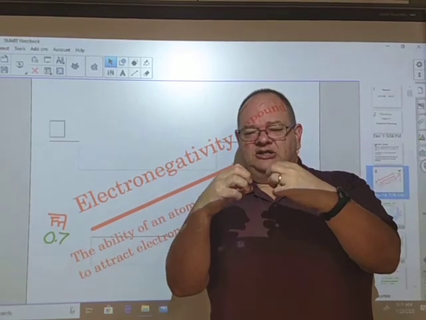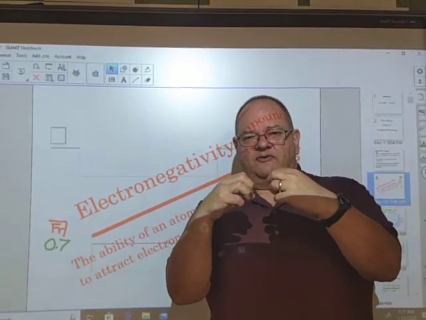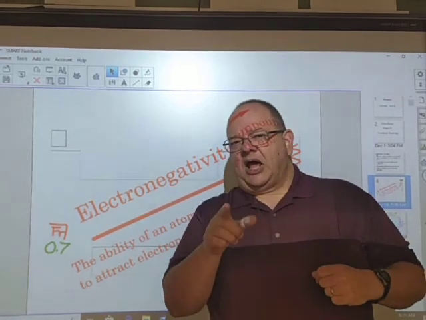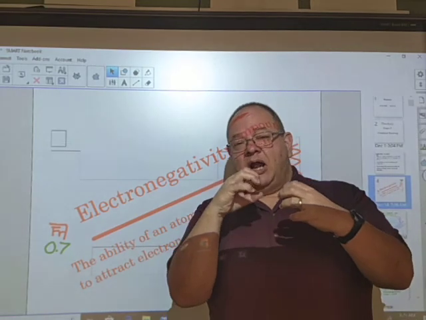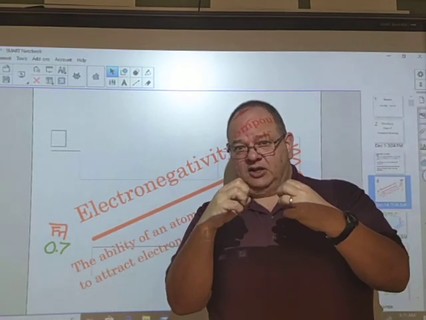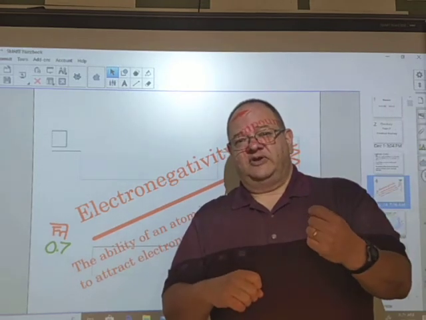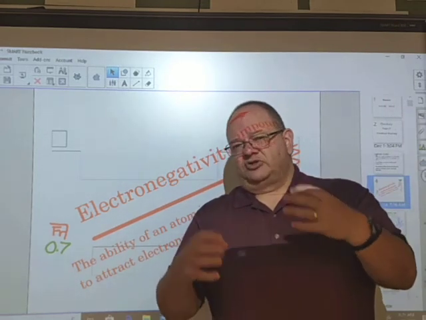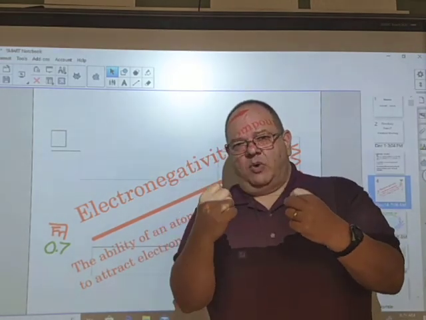Now, electronegativity says the atom wants to draw the electrons towards itself. So when we had ionic bonding, what we had was situations where one atom really had a strong electronegativity, was pulling electrons towards it. The other atom had a very low electronegativity, and so wasn't pulling electrons towards it. And as a result, we had this transfer, this takeaway.